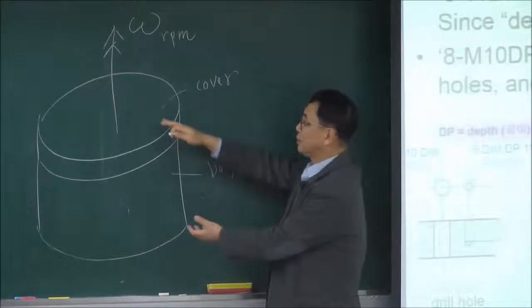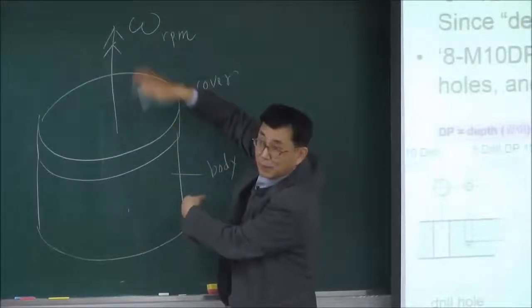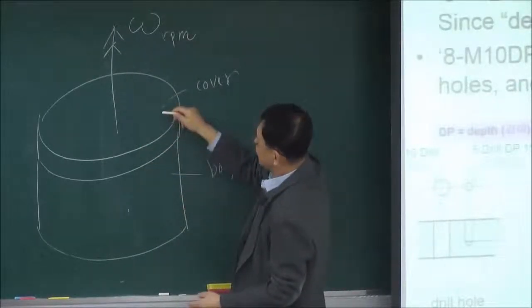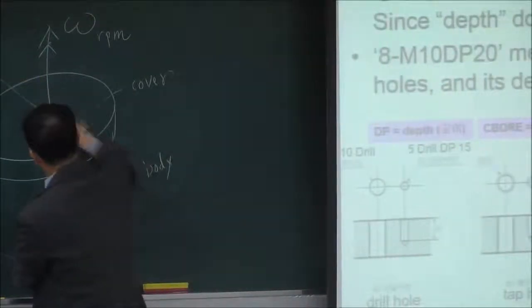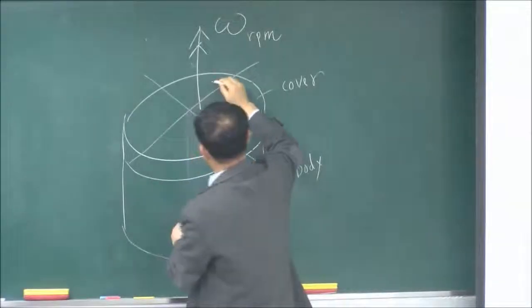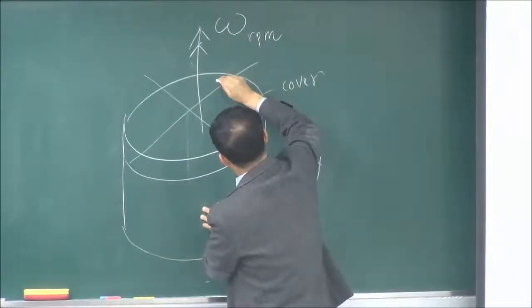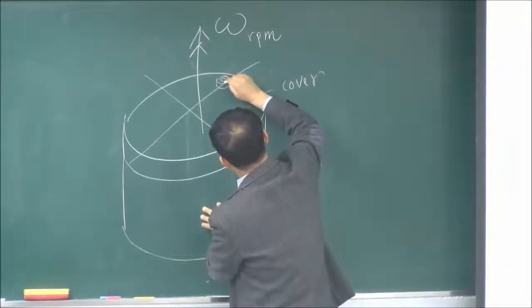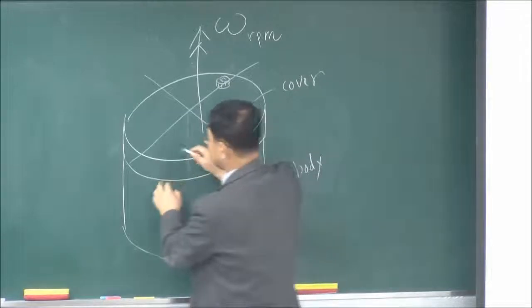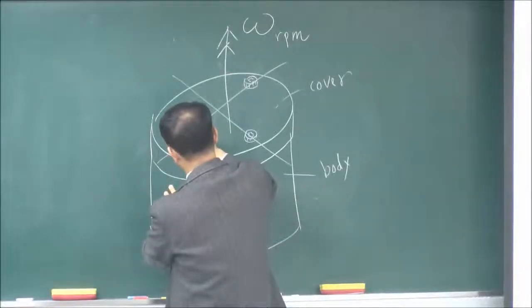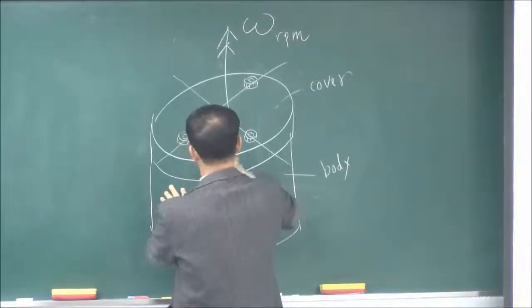Even if it is spinning very fast, you have to attach the cover to the body. Then maybe you have to use some bolts. Maybe you can use many bolts, but I just show you 4 bolts for combining the cover onto the body.